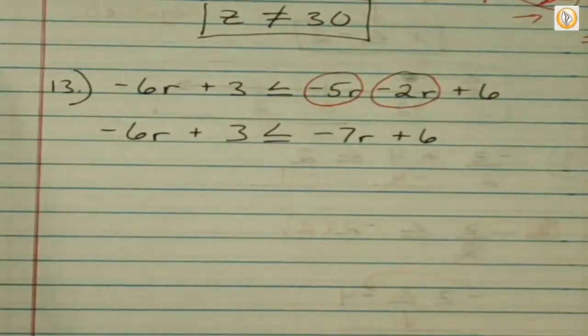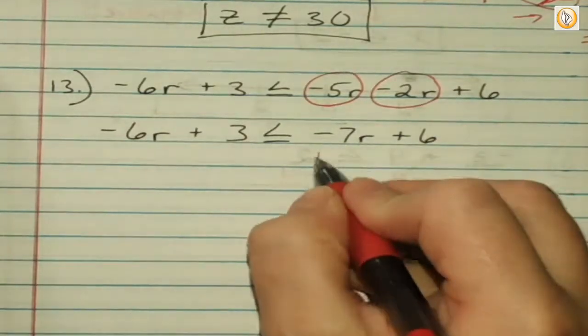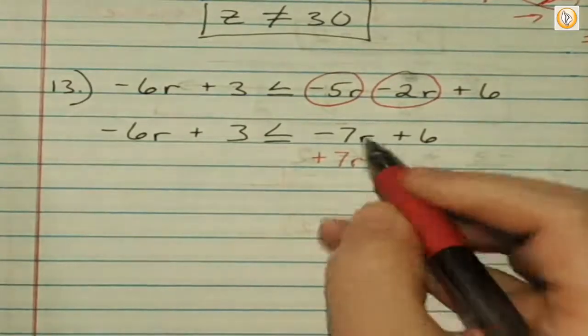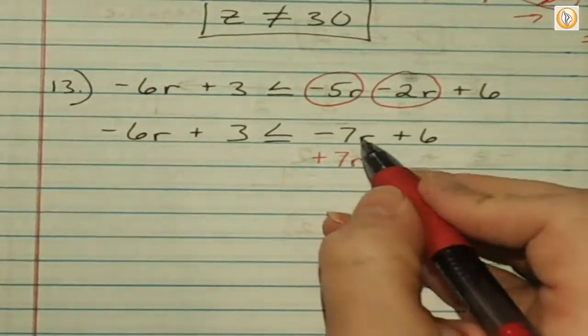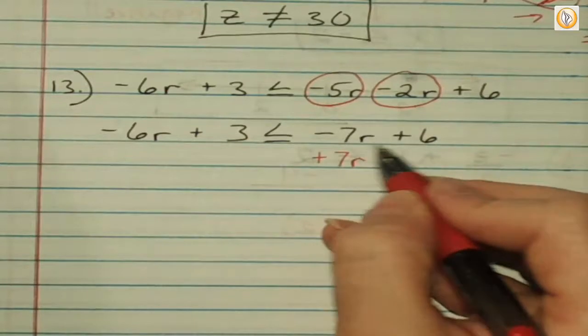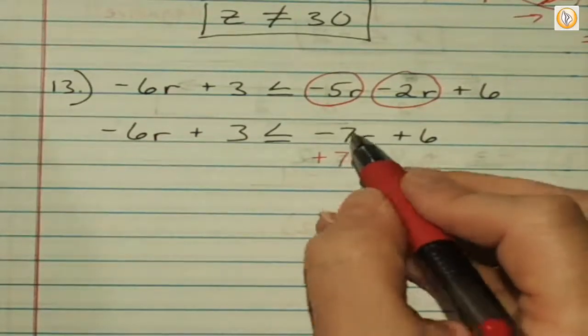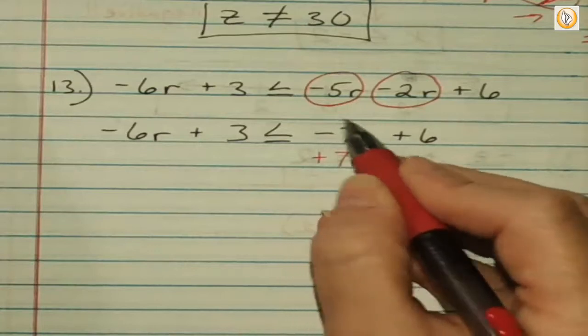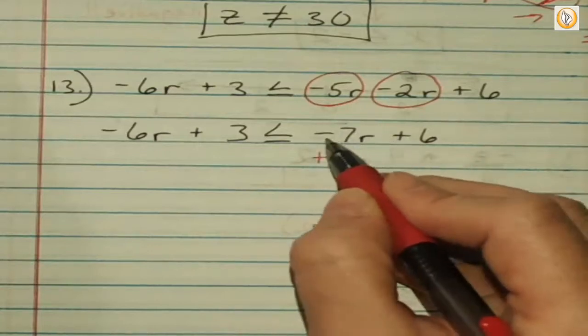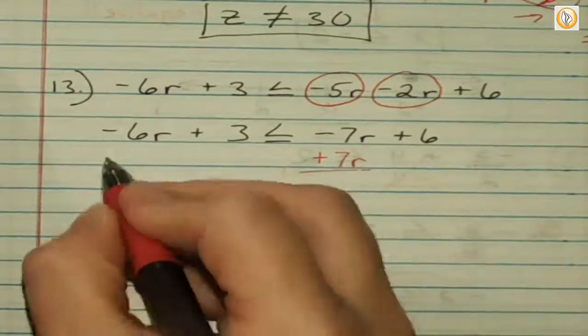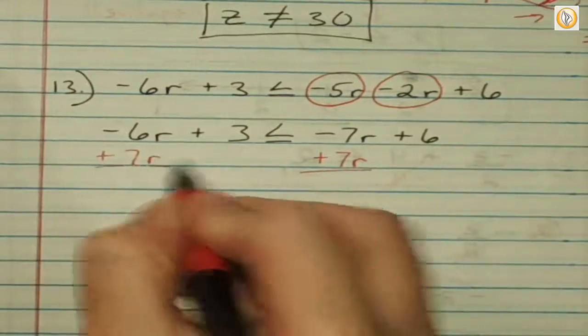All right, so now what do I do? Add 7r to 6. She's correct. And I'm impressed because some people will want to divide or something, but that would only move the negative 7. We want to move this entire term, and since it's minus 7r, we're going to add 7r on both sides.